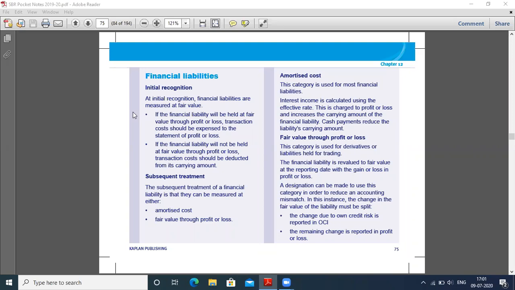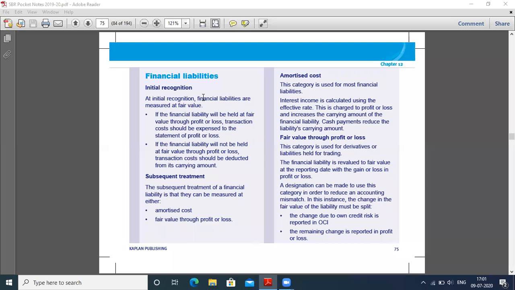Initially, financial liability should be recognized at its fair value. This is very, very important. If you are recognizing the financial liability for the first time in the books of accounts, it should be recognized at its fair value.